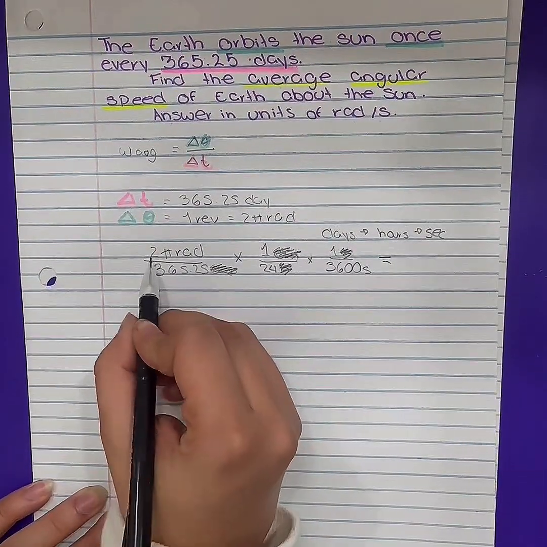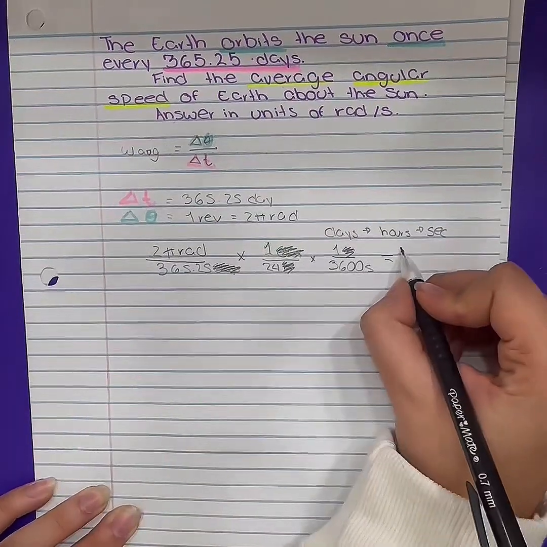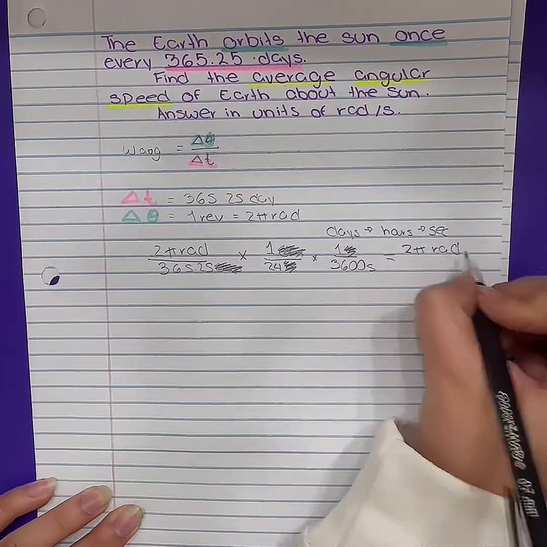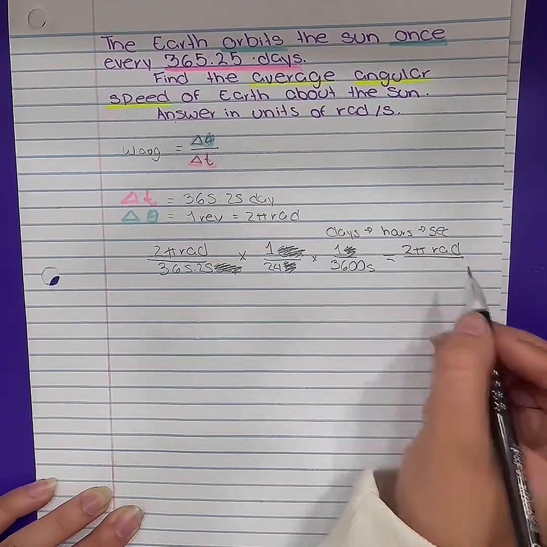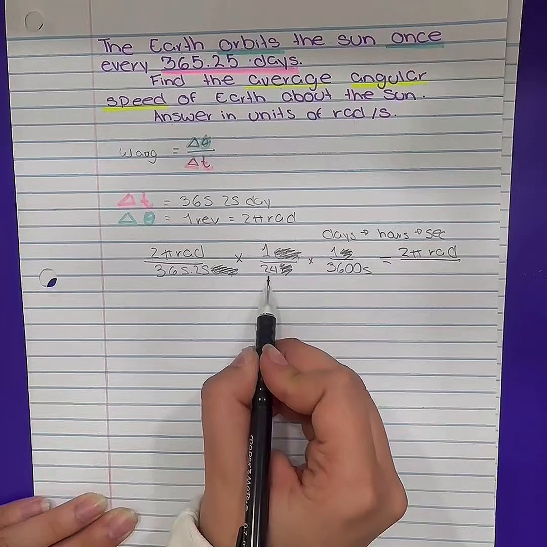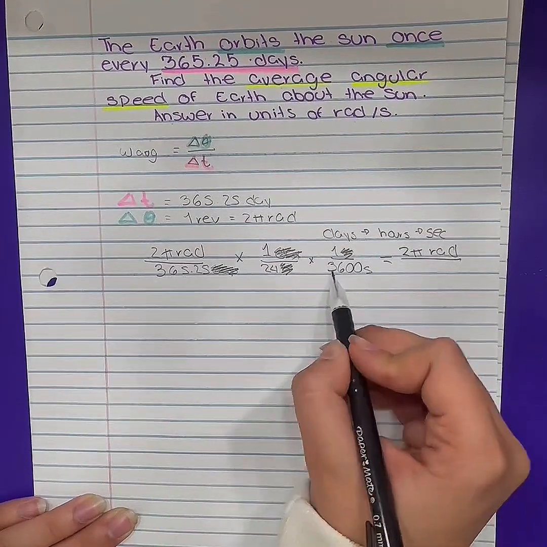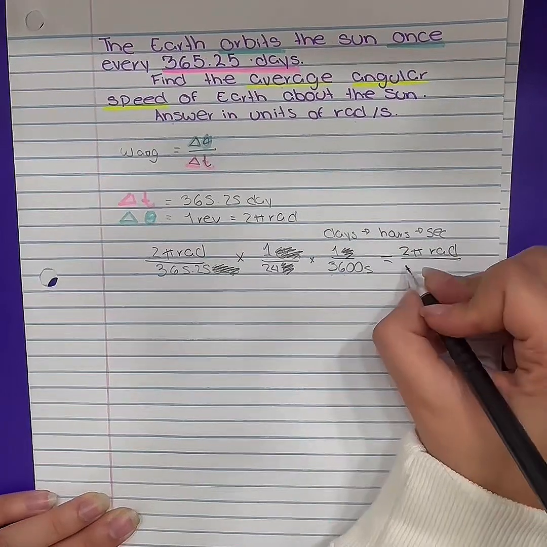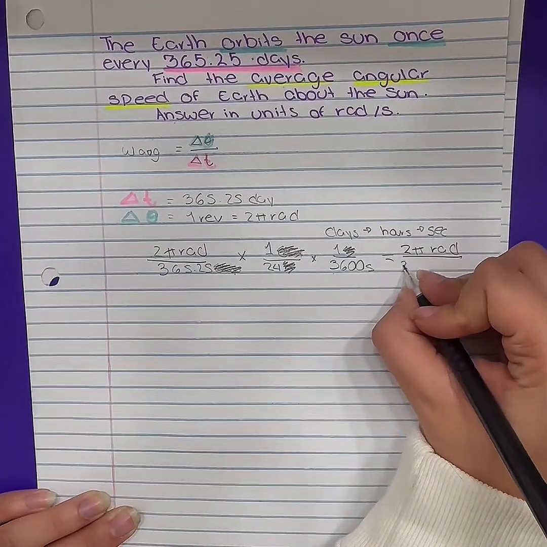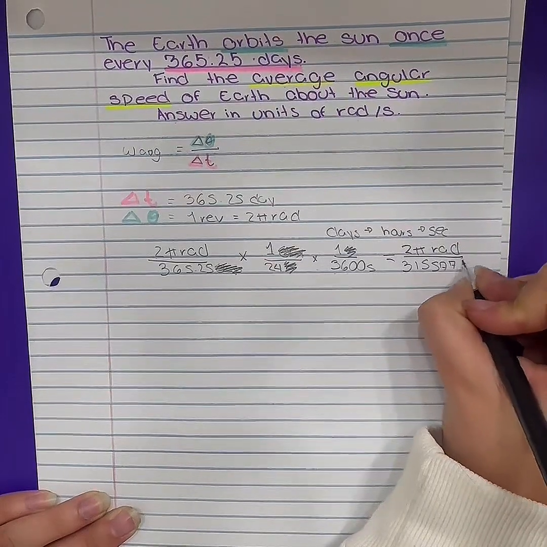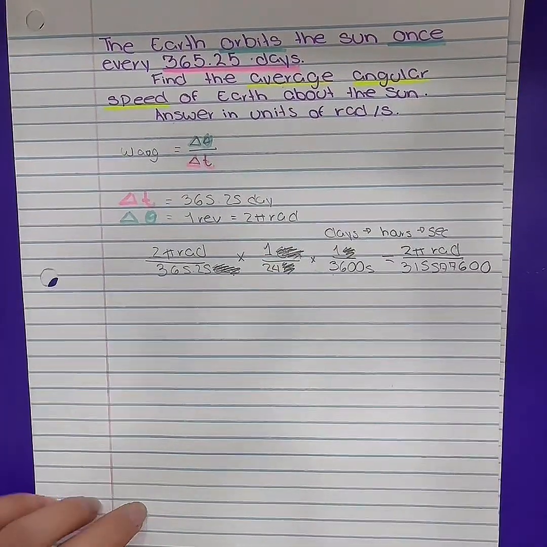So the top is 2 times 1 times 1, which is 2 pi radians, over 365.25 times 24 times 3,600, which gives us a huge number, 31,557,600.